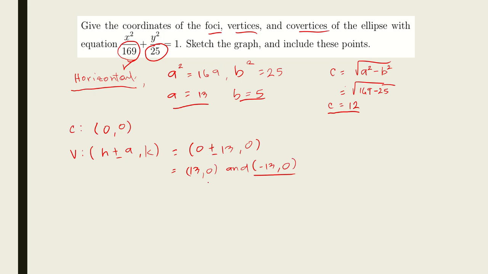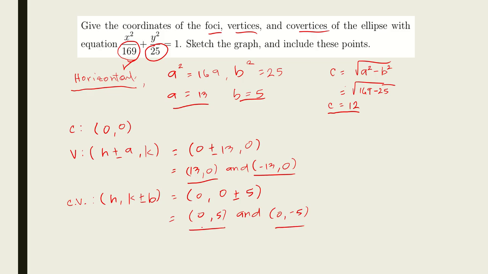The vertices are already identified. Let's proceed now to the co-vertices. You need to memorize that it's simply h, comma, k plus or minus b, and that is equal to 0, comma, 0 plus or minus the value of b, which is 5. As we apply that, that is (0, 5) and (0, -5). We already solved our co-vertices. Then for the foci, these are two foci.